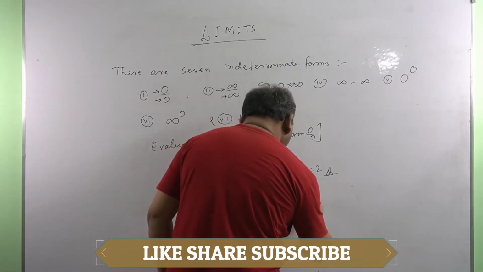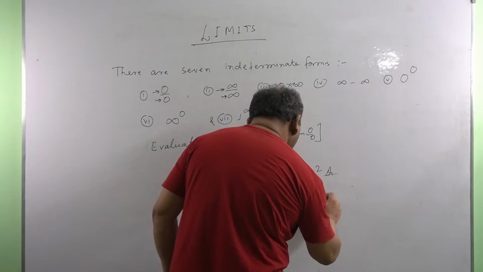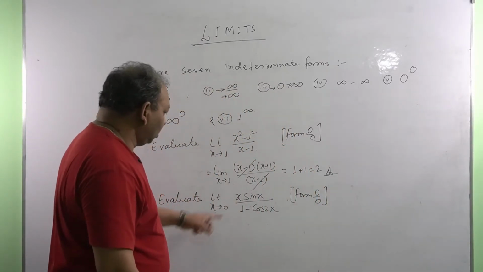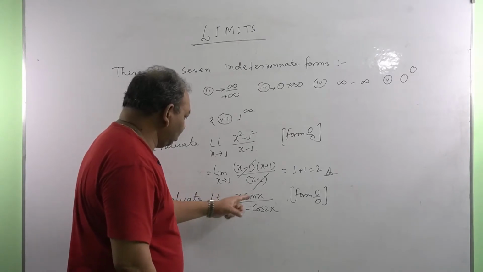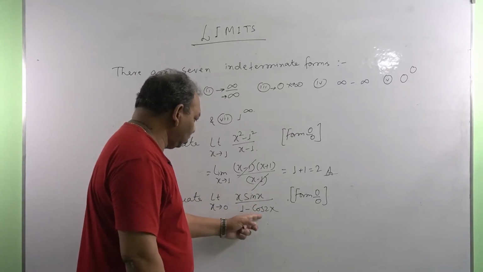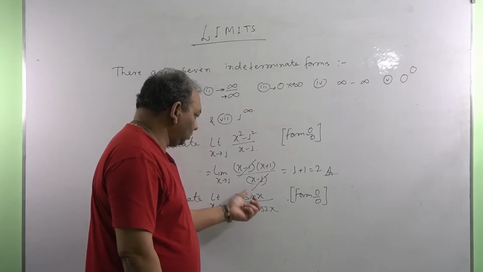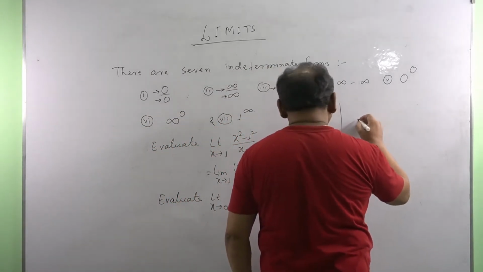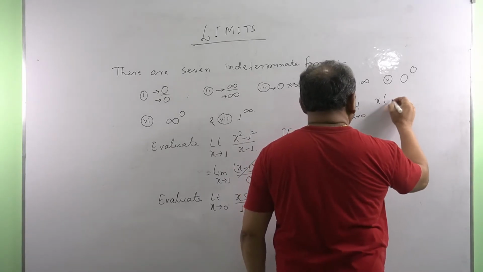Now this is also a meaningless form of 0 by 0. Putting x equal to 0: 0, 1 minus cos 0, cos 0 is 1, 1 minus 1 is 0, so 0 by 0, a meaningless form.